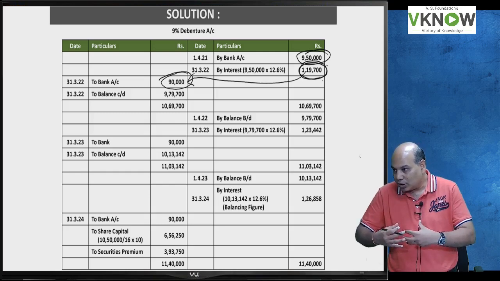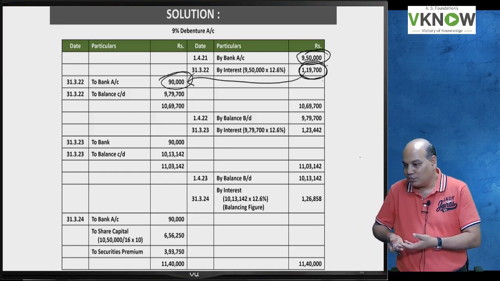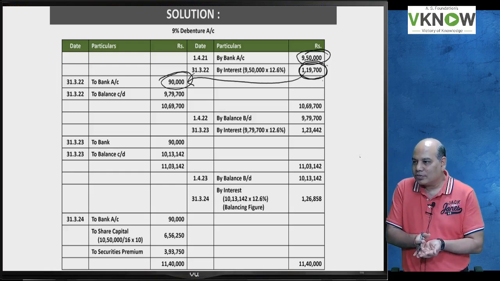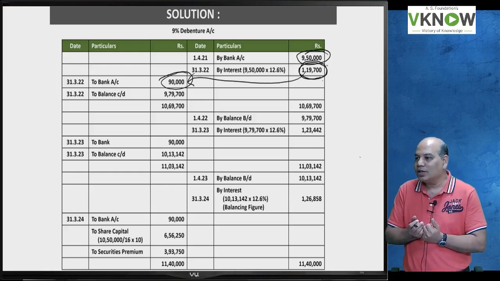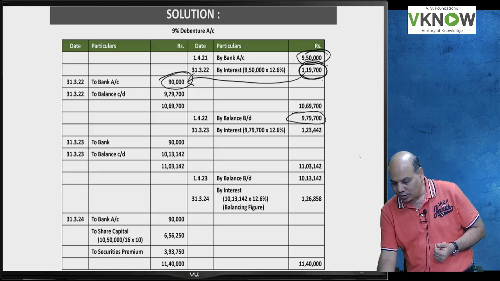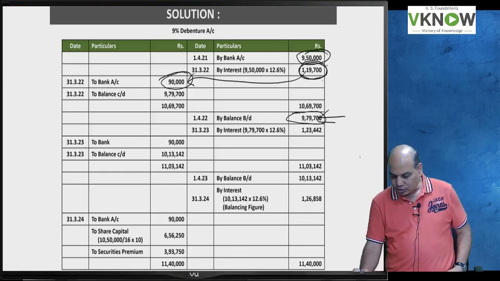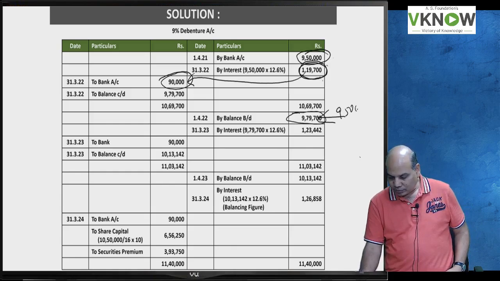My liability increased by 119,700, but I paid only 90,000. So I had a further increase in liability, and that is why next year when you compute the interest, it is on this amount, which is not only this 950 but a further increase in liability of 29,700.